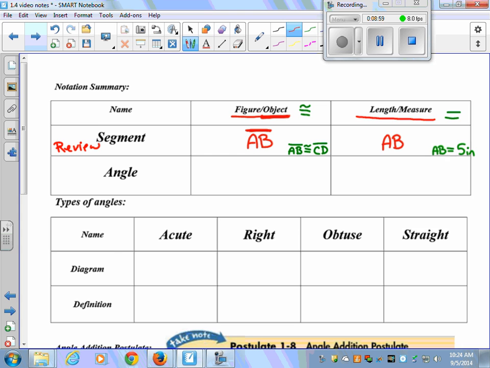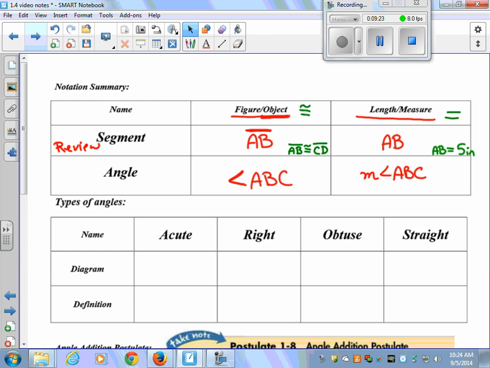If we're talking about the angle itself, you're going to be using just this angle symbol, ABC, or angle 1, or angle A, or however we want to name it in any particular case. That's the figure itself. If we want to talk about the degree measure, you use this little m, measure of angle ABC.